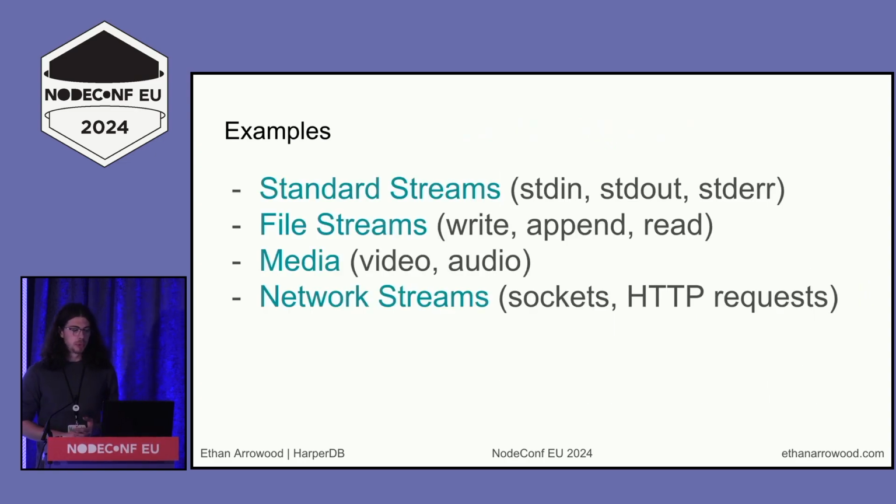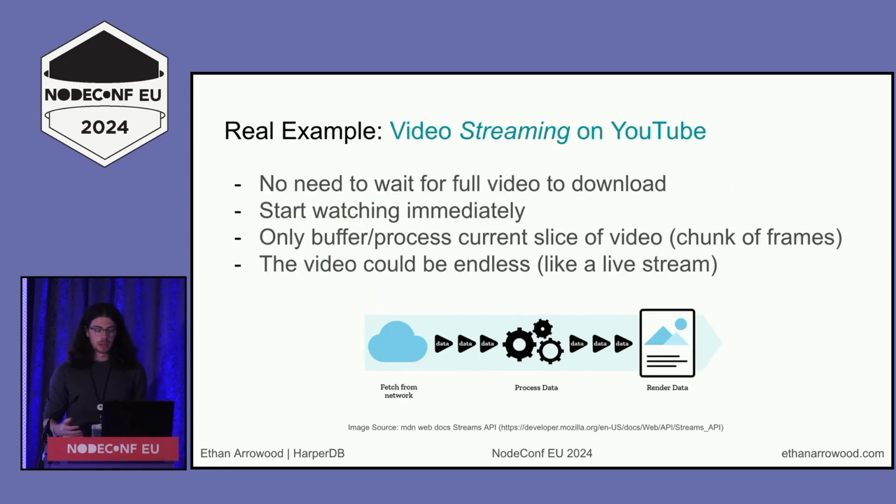Some additional examples include standard streams, file streams, media, network streams, and the classic is video streaming. I picked YouTube, but like any live stream or any video streaming service on the internet, you don't need to wait for your full video to download. You click the video, it starts playing, and then you only are processing the current chunk of frames that you're watching. That's why when you're on a poor connection, sometimes you'll see it buffering.